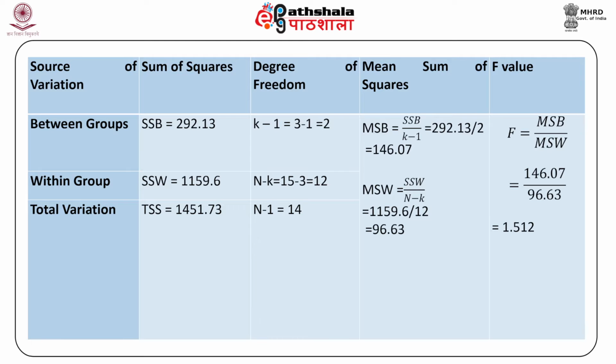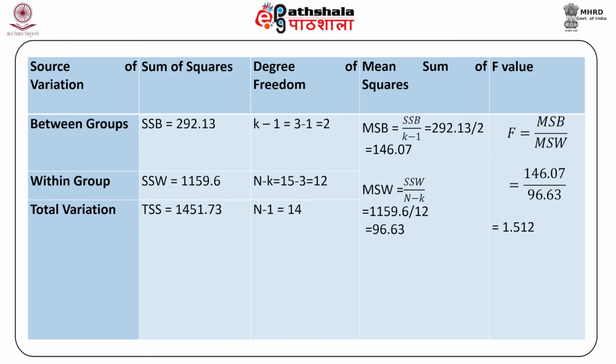Now in our next column we have calculated MSB, which is equal to SSB upon k minus 1, that is 292.13 divided by 2, and this average comes out to be 146.07. Similarly, we obtain MSW by dividing 1159.6 by n minus k, which is 12.